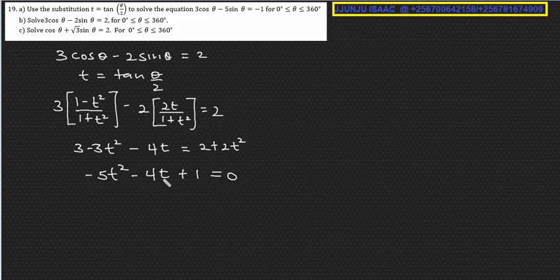Let me divide with a negative 1, so this is going to be 5t squared plus 4t minus 1.